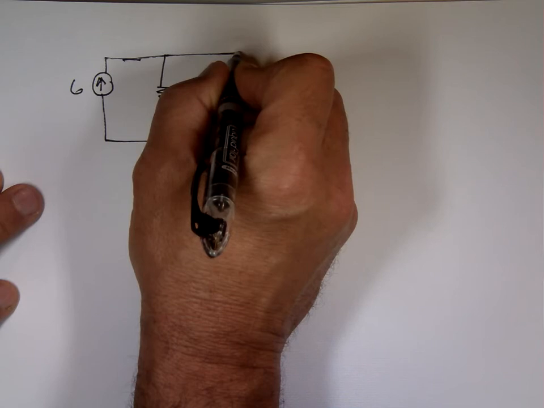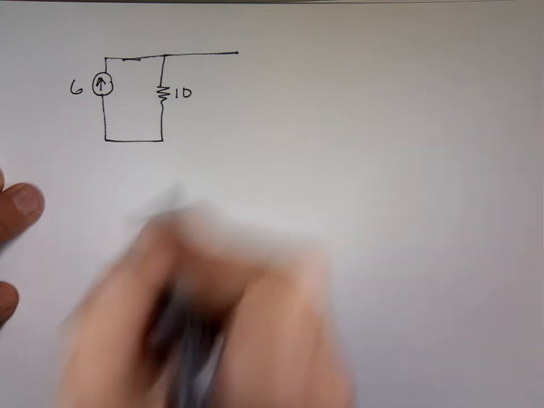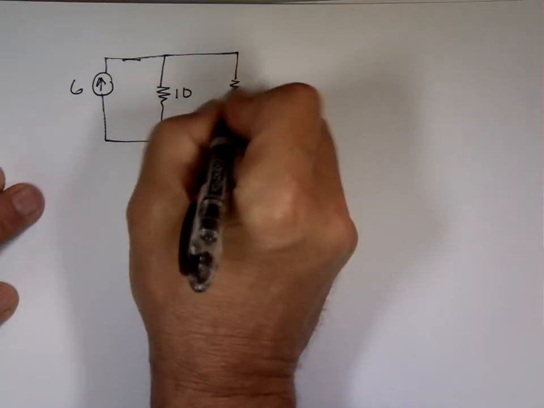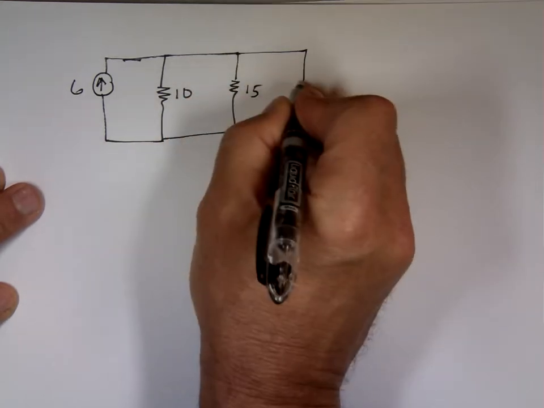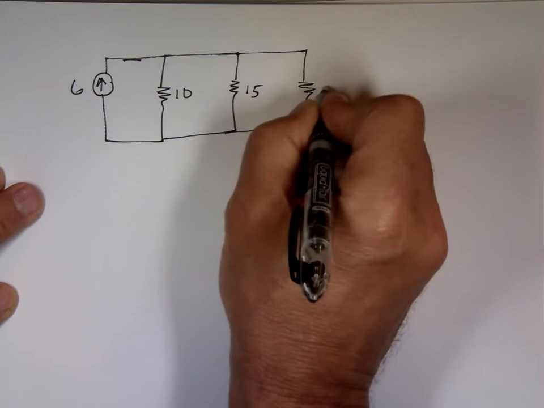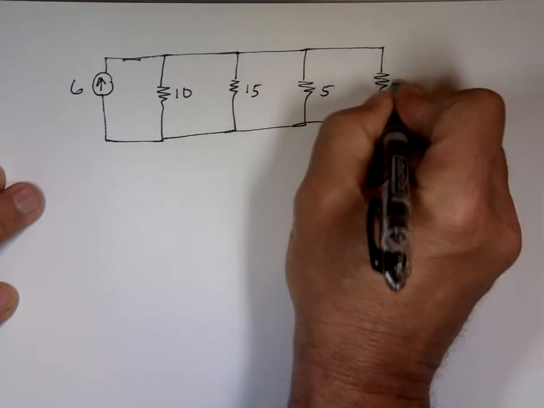Lucas, I mean. 15. Eric. I say Alex. 5. Luke, 5. Eric's 5. Okay, 5 here. 15, Lucas said. I need one more. Todd. 25. 25, you said? Yeah. Okay. And the question: I want to find the current in each one of them.